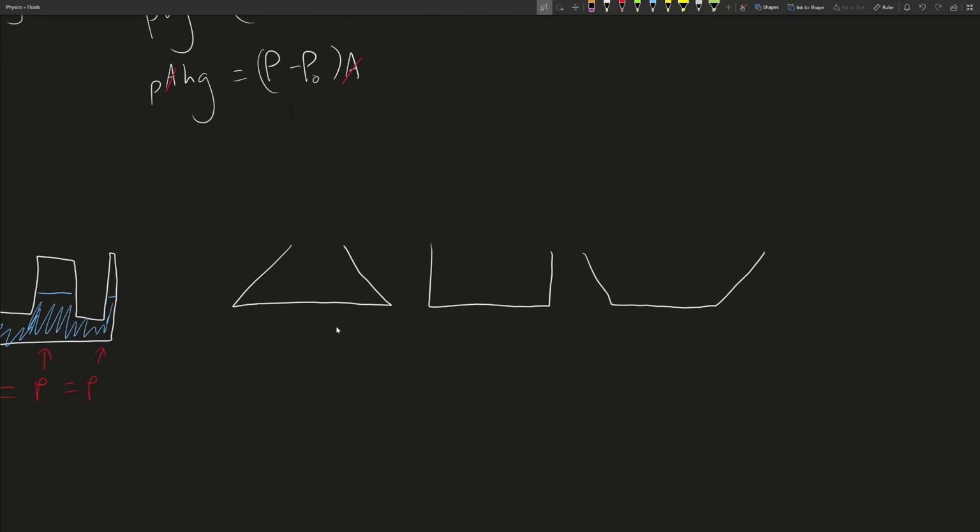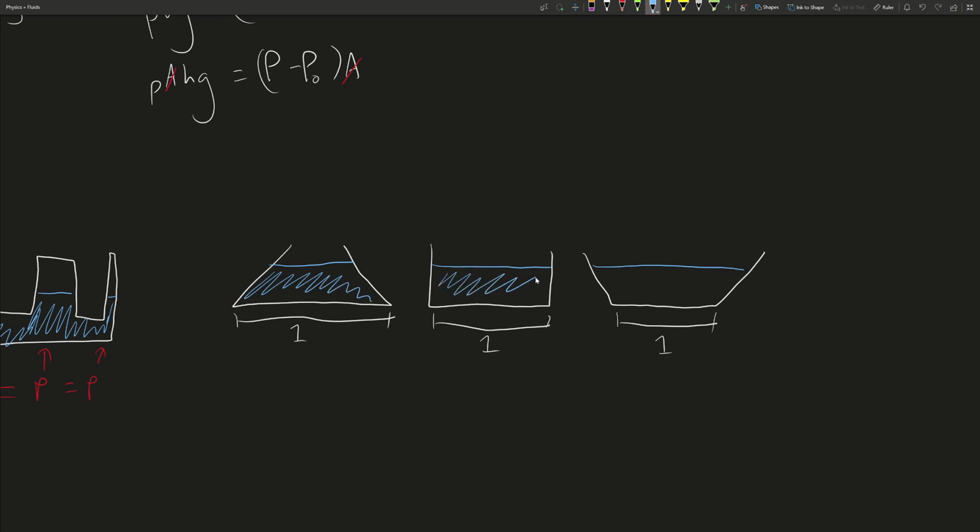Now all these containers have the same width, so let's just call it like 1. So the width of all these containers is the same, and then the height of water on all these containers is also the same. So this has water filled to the same height.